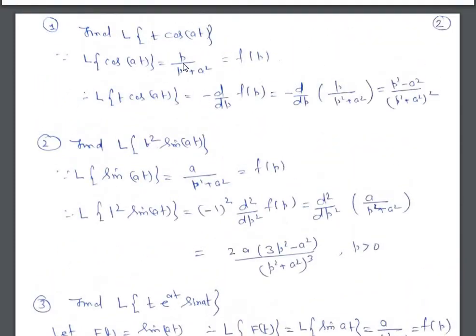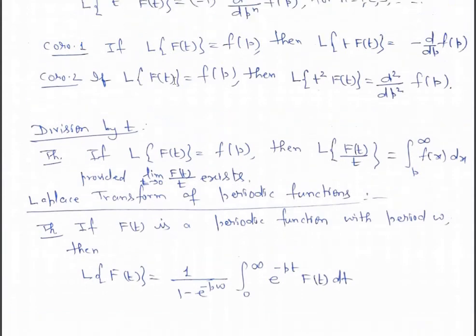First example is find L of t cos at. That means we are multiplying by t. Now let's find out L of cos at. By formula it is p upon p square plus a square. So take this as F(p). Therefore, for L of t into cos at, we apply corollary 1.